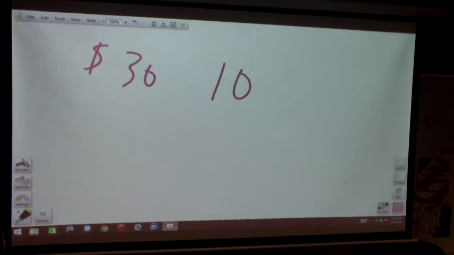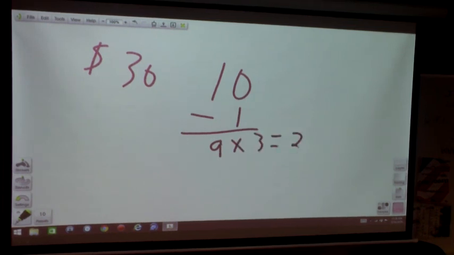So subtract 1 from 10. They each get $1 back, so they each paid 9. The bellboy kept 2. So 9 times 3 is 27, and the bellboy gets 2, that's 29.